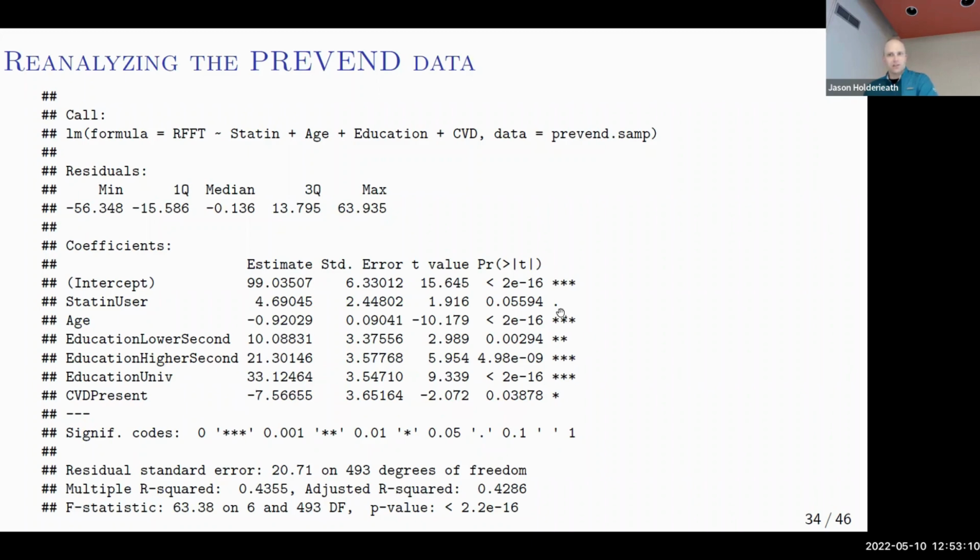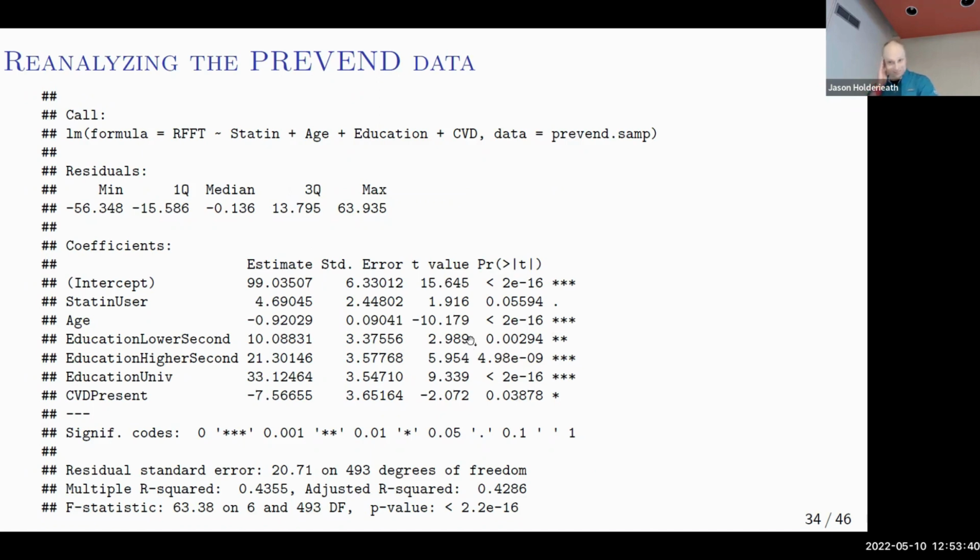These are all significant to at least the alpha equals 0.10 level. So not really all that. I mean, alpha equals 0.10 is often used, but more frequently, alpha equals 0.05 is used. So we might not actually consider this statin user to be an important variable.